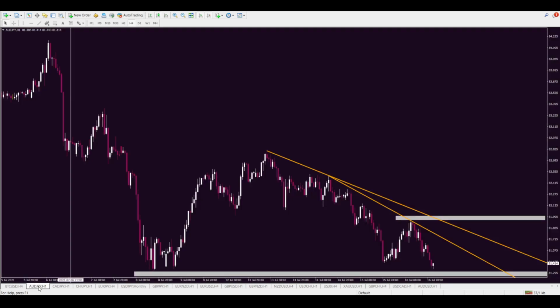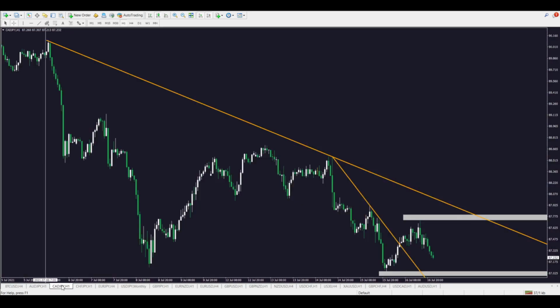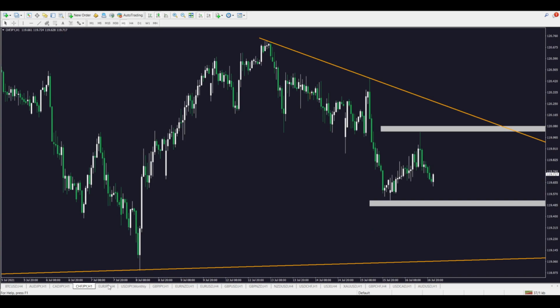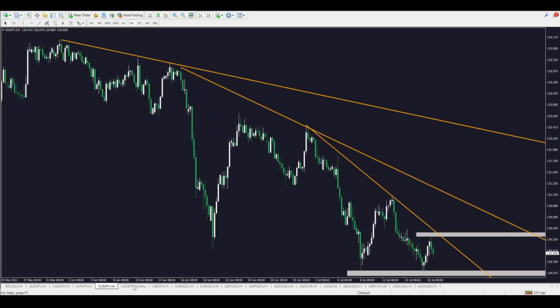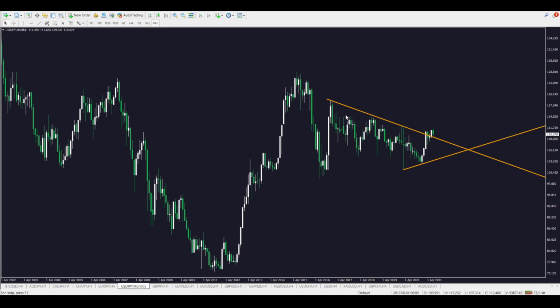So far we have basically the same setup. Up next is USDJPY. So monthly we have price basically in a bearish trend, and it broke out right about here. And since then we have had a retest.